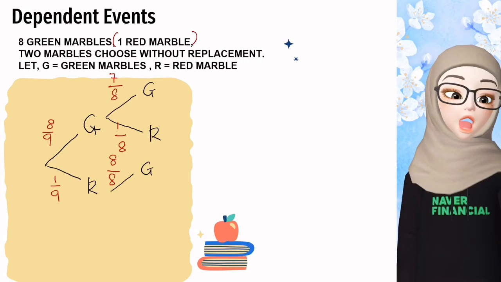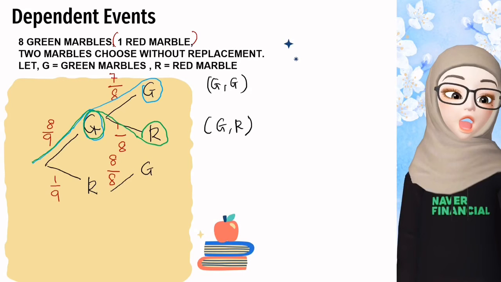From here I go to here, so I made G, and then I go to here, I made another G. So my first possible outcome is G and G. Then the second one: we move here, it is G, and we go to here, and here is R. So our second possible outcome is G and R. And then we have another one, R here.